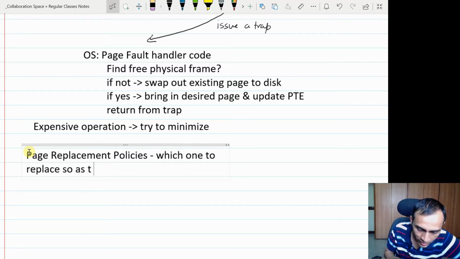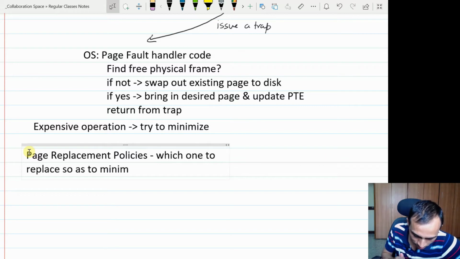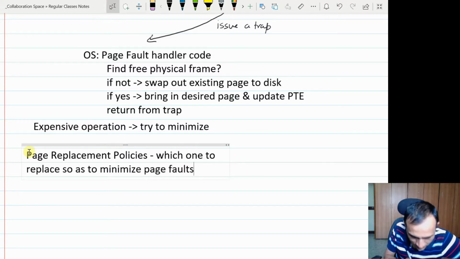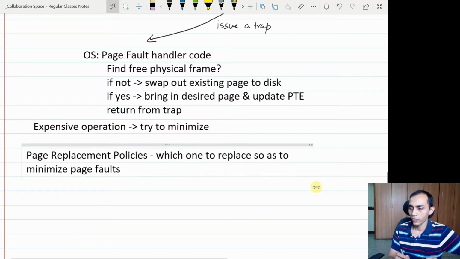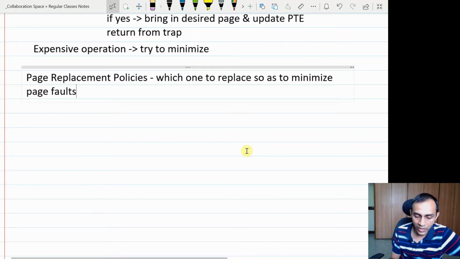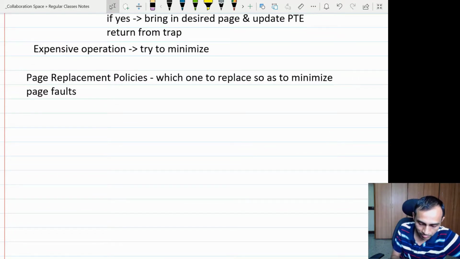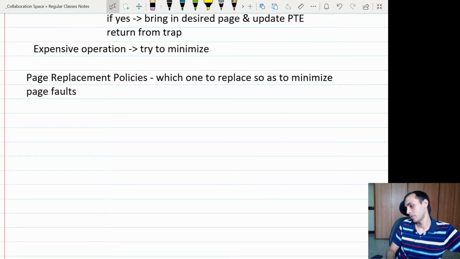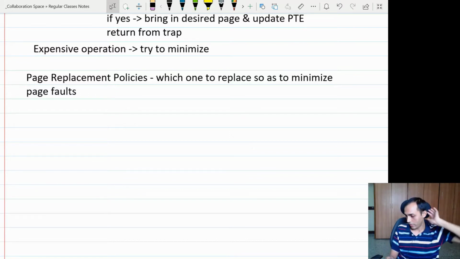That is the goal of these page replacement policies. So what policies do you remember that can be used to select a victim page? Can anybody tell any algorithm or policies that we have studied that can be used here also?